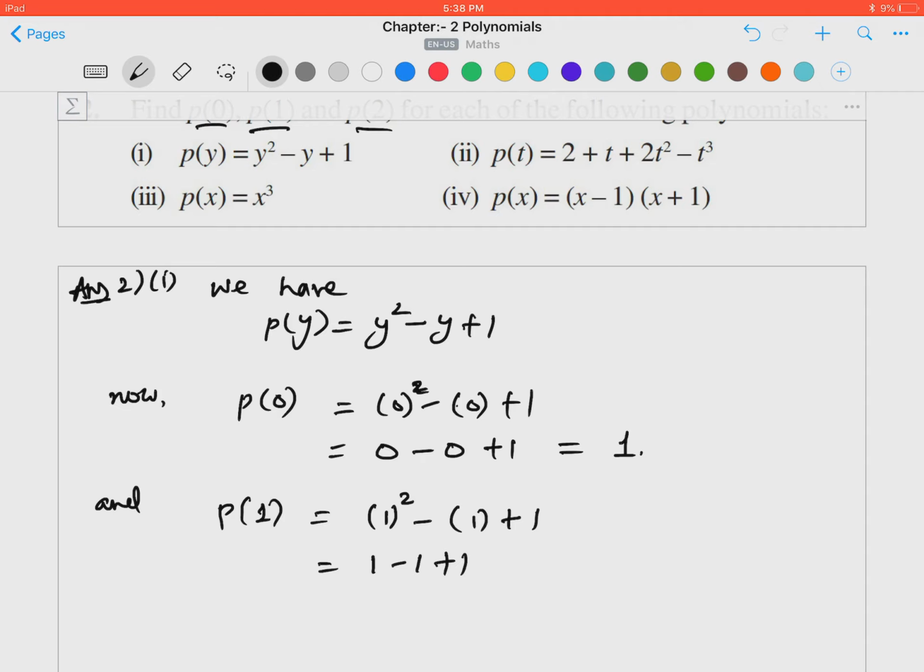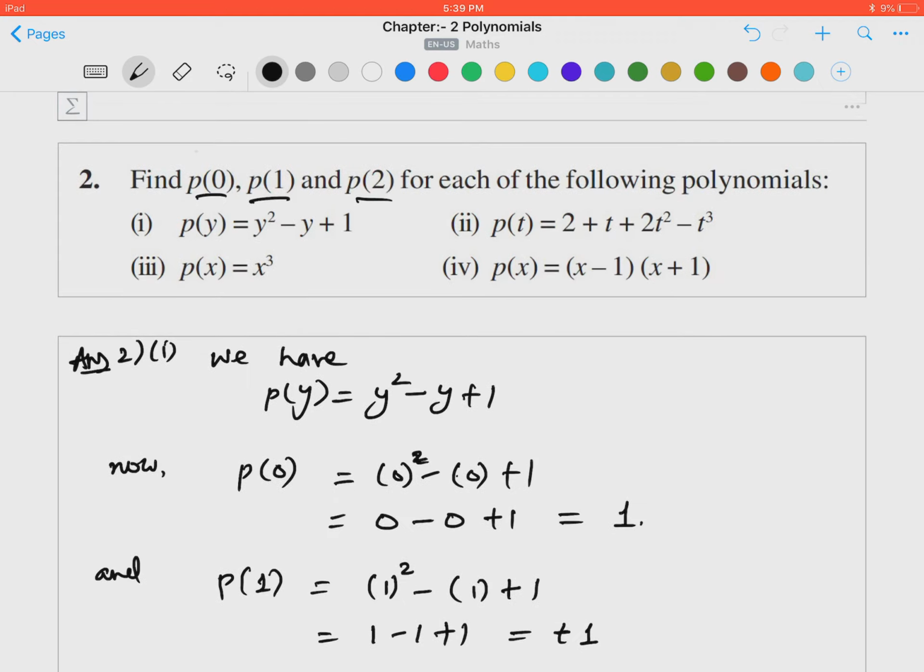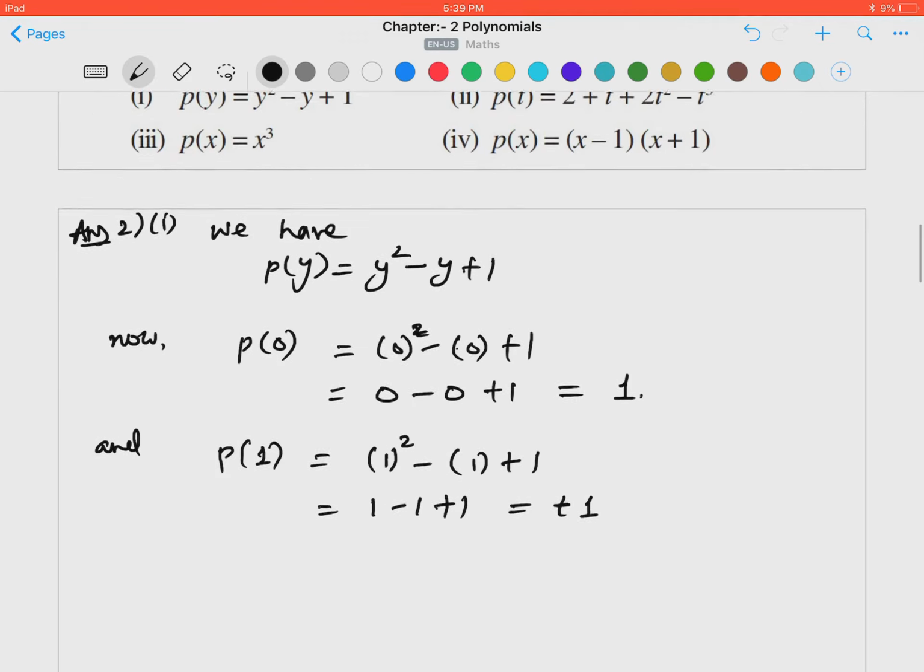Plus 1 and plus 1 is plus 2. Plus 2 minus 1 is plus 1. So the value of this polynomial at y equal to 1 is plus 1. Now the last one, we have to find it for p(2).